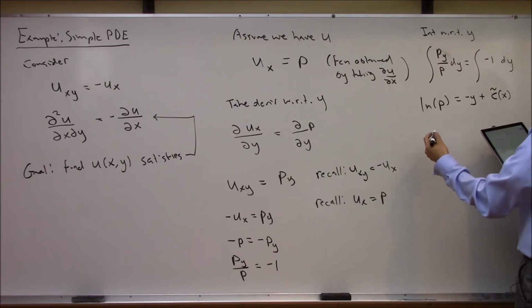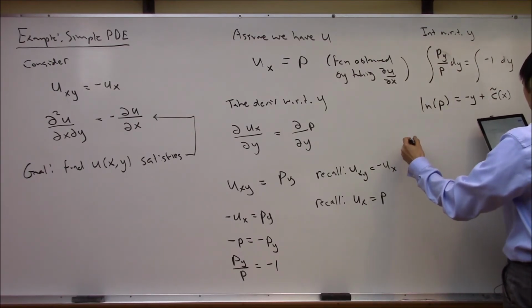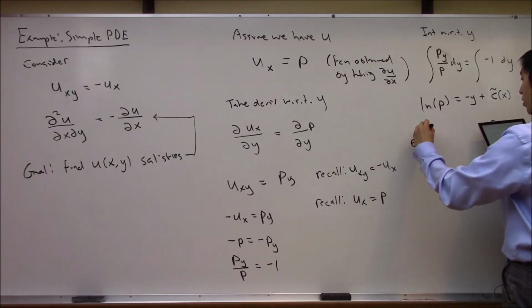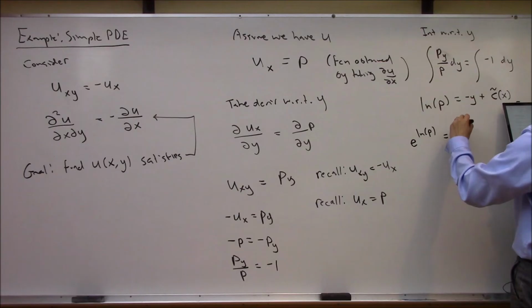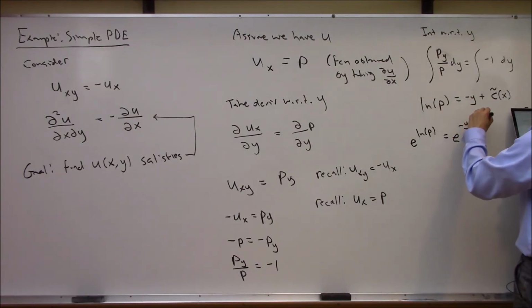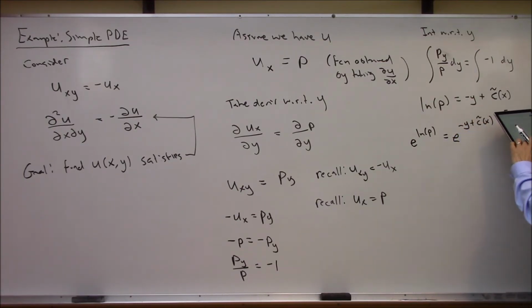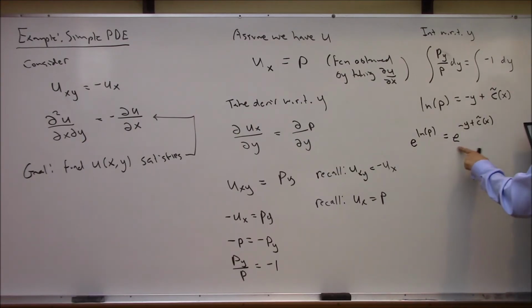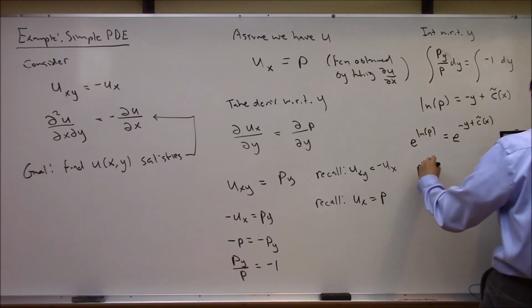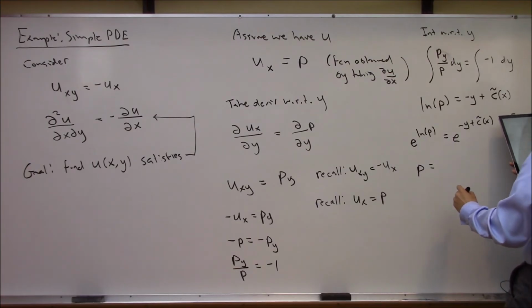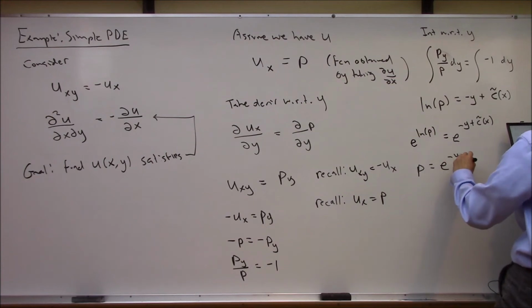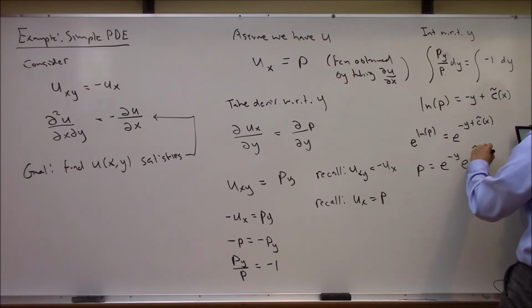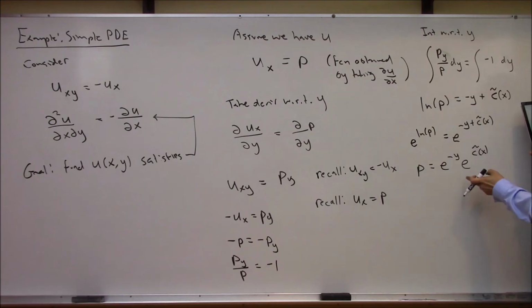Okay, let's raise both of these things to the e to simplify. So e to the natural log of p is equal to e to the negative y plus c tilde of x. Simplifying, we get p on the left side, and over here you could write this whole thing as e to the minus y times e to the c tilde of x.